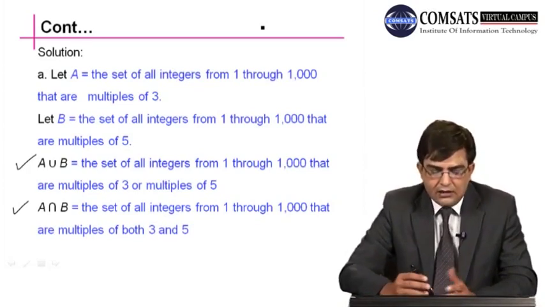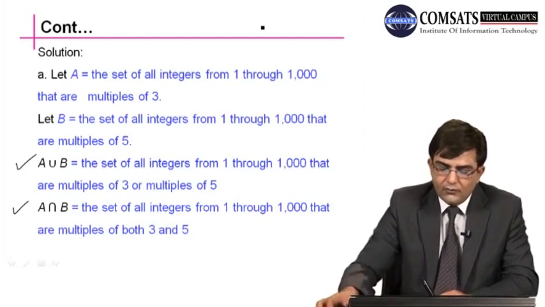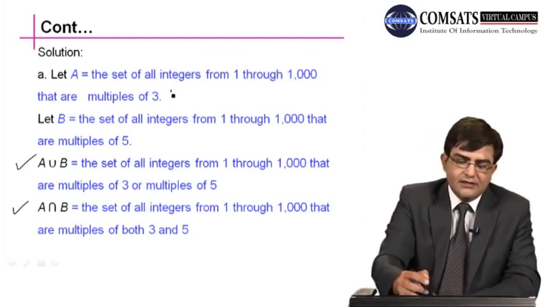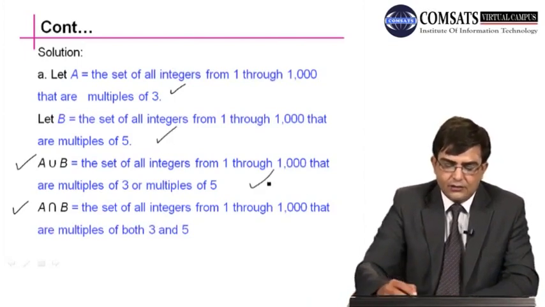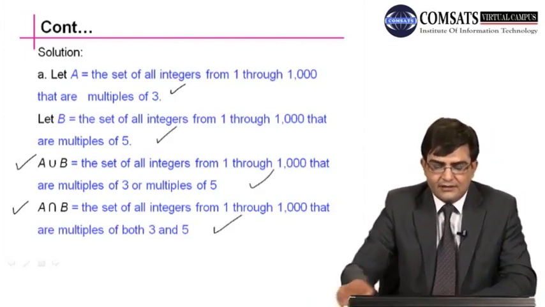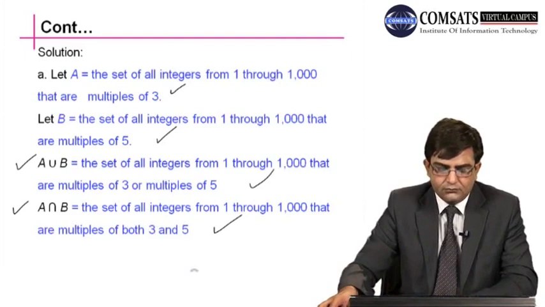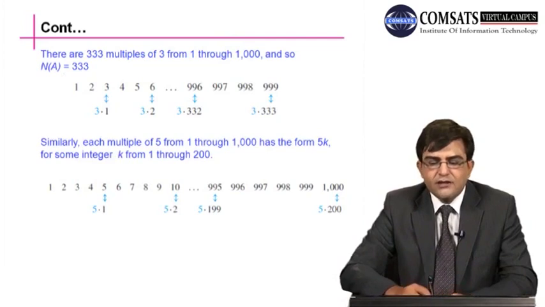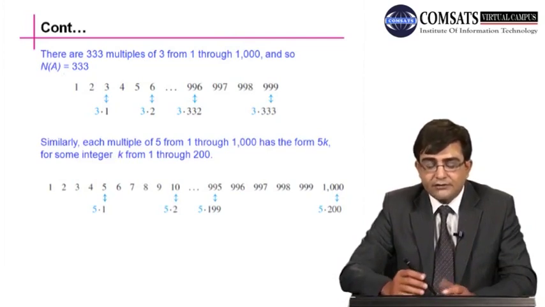That is, it contains those elements which are both multiple of 5 and 3. Now we have to calculate the number of elements in each set: in set A, in set B, in set A union B, in set A intersection B. Now, how to calculate the number of multiples from 1 through 1000 which are multiple of 3?